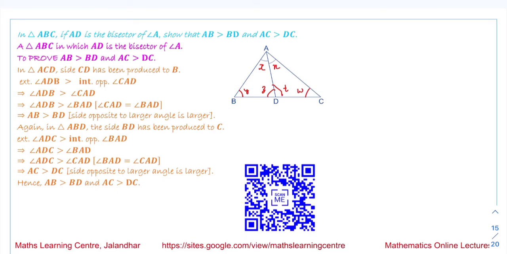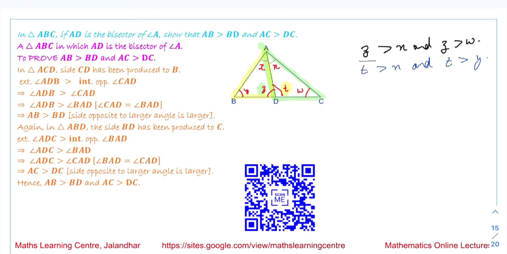In triangle ABD, this angle T is the exterior angle, and in triangle ADC, this angle Z is the exterior angle. Since Z is the exterior angle, Z is greater than X and Z is greater than W. Similarly, T is greater than X and T is greater than Y.